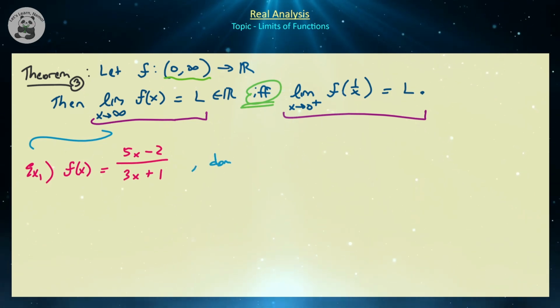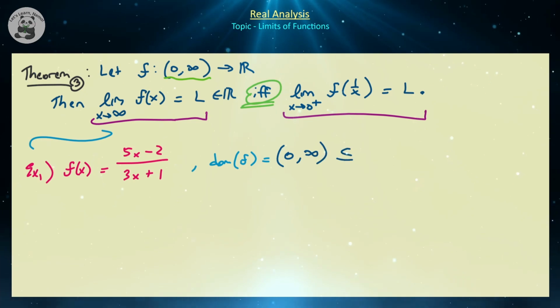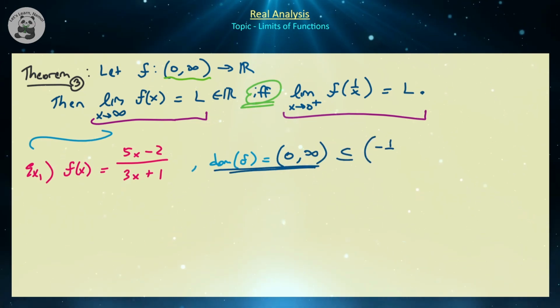So let's just take the domain of this to be equal to minus 1/3 to infinity. And obviously 0 to infinity is a subset of that, so we can technically take 0 to infinity to be our domain for this function, because that's obviously a subset of minus 1/3 to infinity.